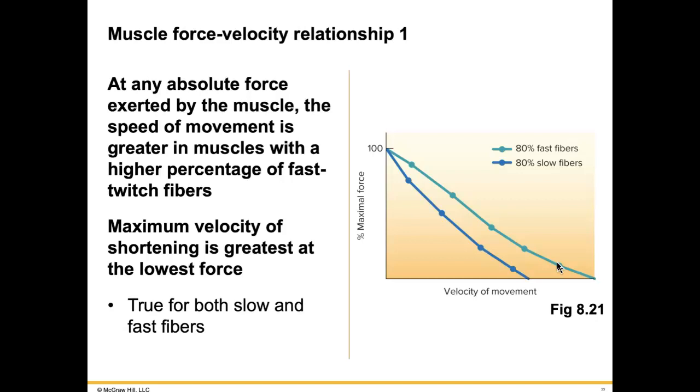And then we also know that they are better at getting that calcium released upon neural stimulation. So having a shorter time period in which that calcium is released from the SR to go to the troponin is going to allow that contraction to take place much more quickly.